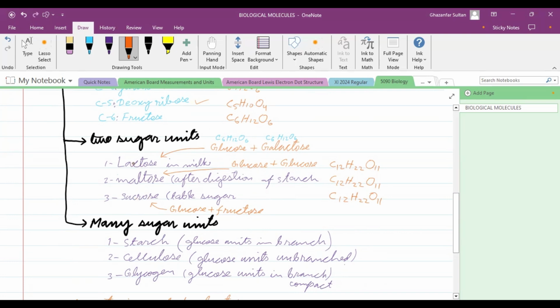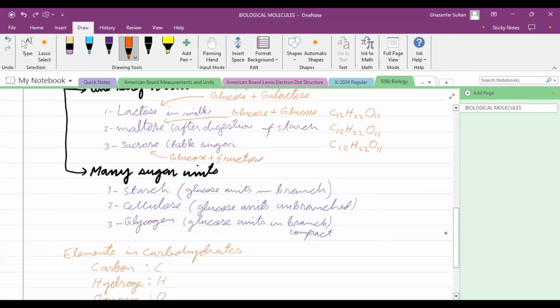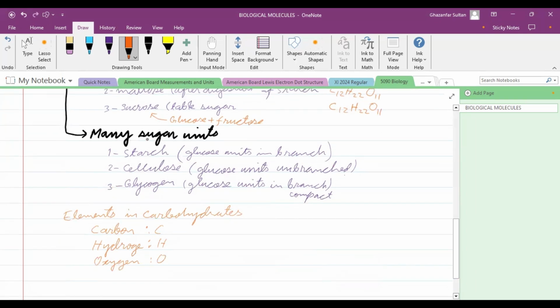The two units in lactose are glucose and galactose, in maltose both are glucose, and in sucrose, glucose and fructose. And in starch, cellulose, and glycogen, the sugar unit present in them is glucose.